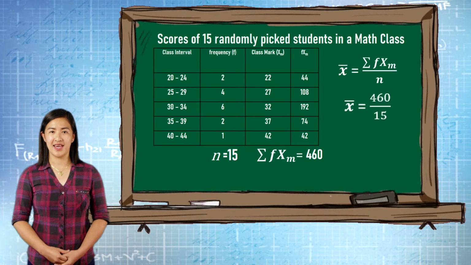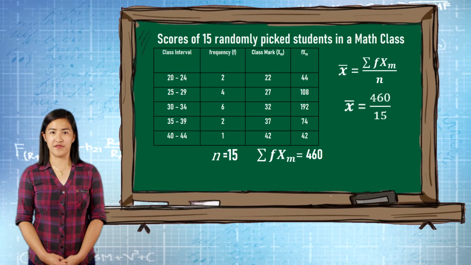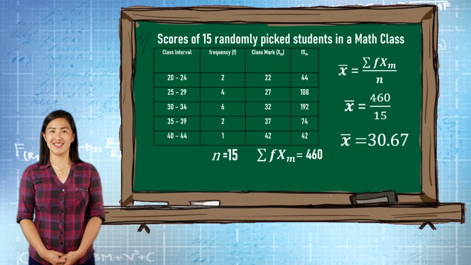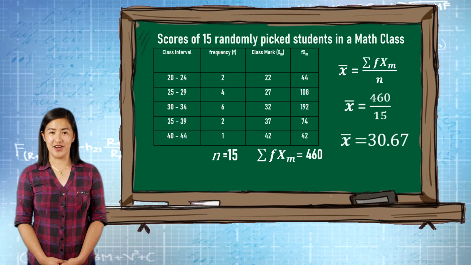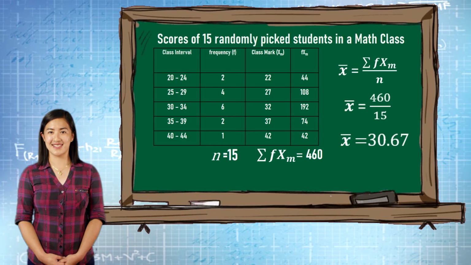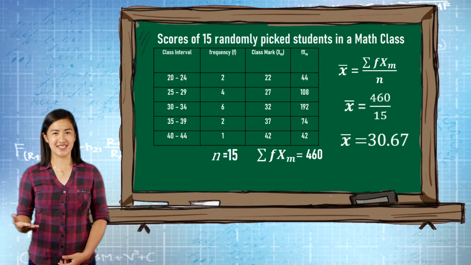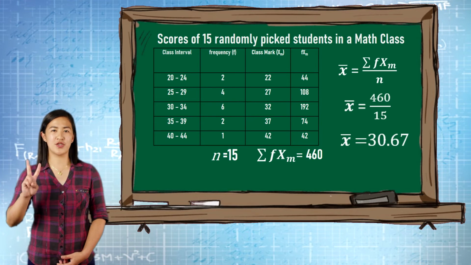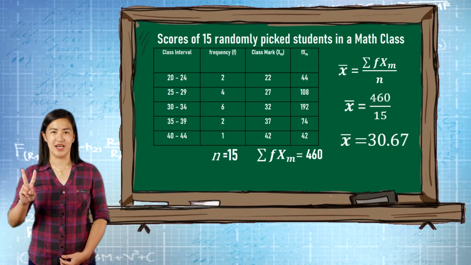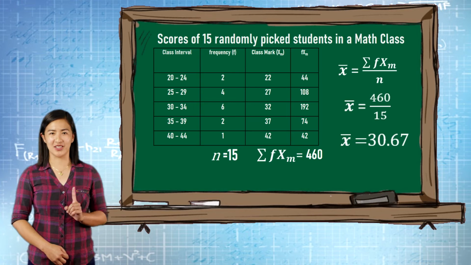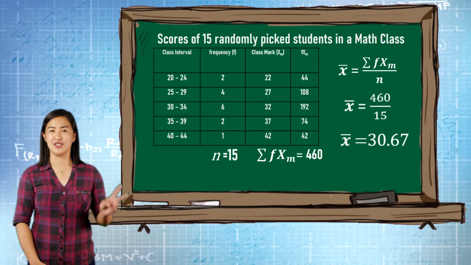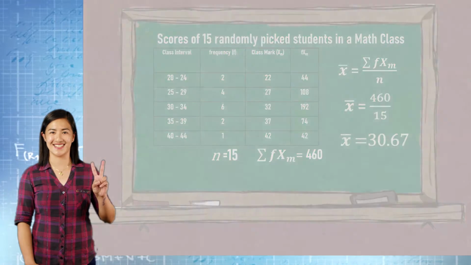We have x bar equals 460 over 15, which is equal to 30.67. Therefore, the mean is 30.67. For consistency, we will use 2 decimal places. So, do not forget to round off your answers in 2 decimal places.